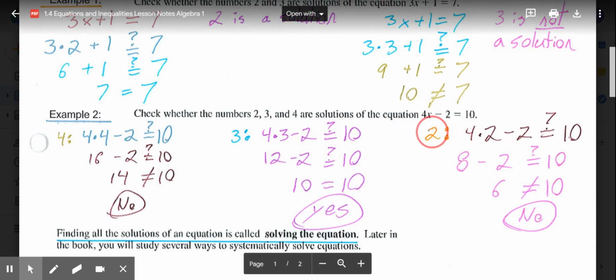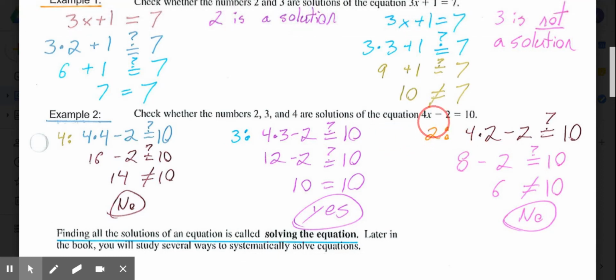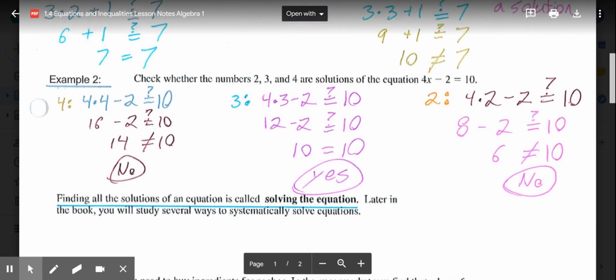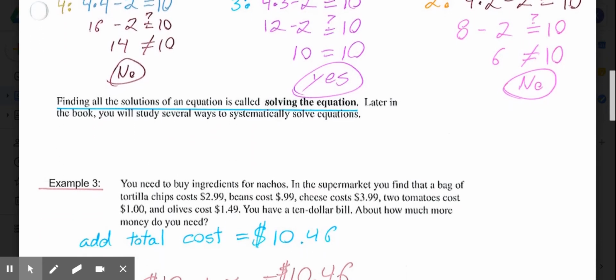And then over here, substituting in a 2 for the x. So 4 times 2 minus 2, we're checking, does that equal 10? 8 minus 2, that's 6. 6 does not equal 10, so no, it is not a solution.